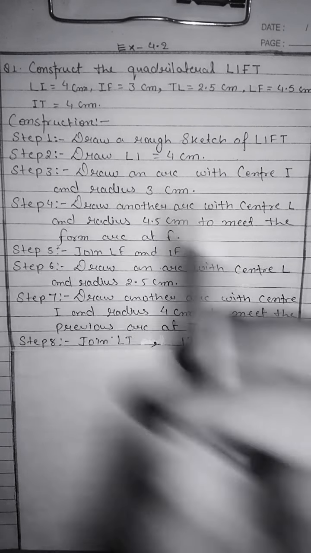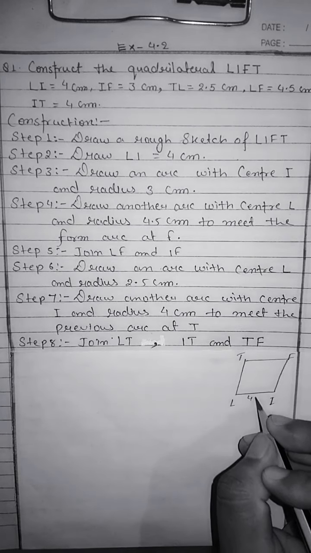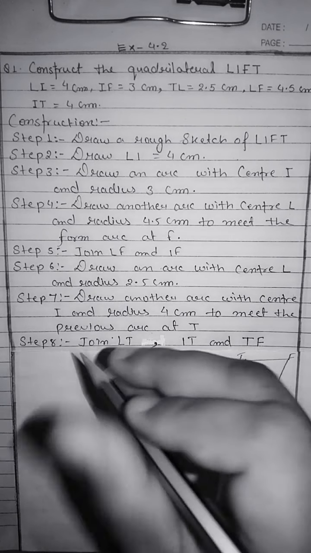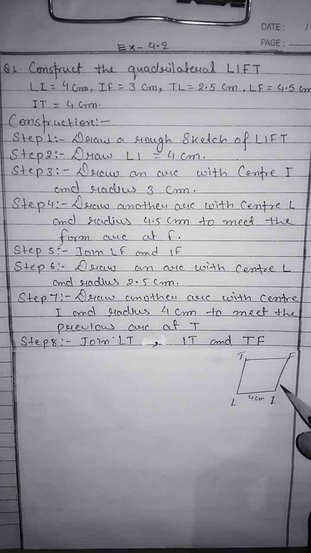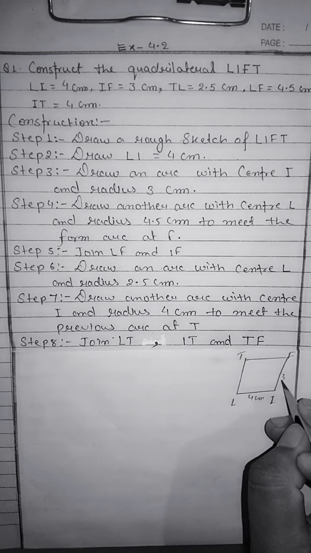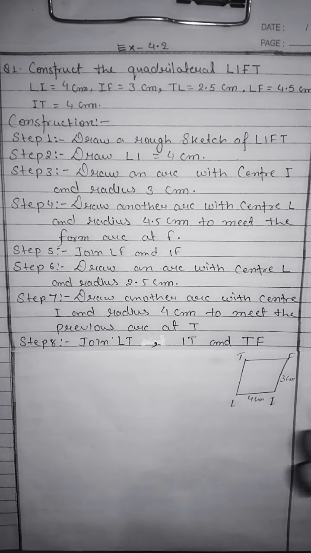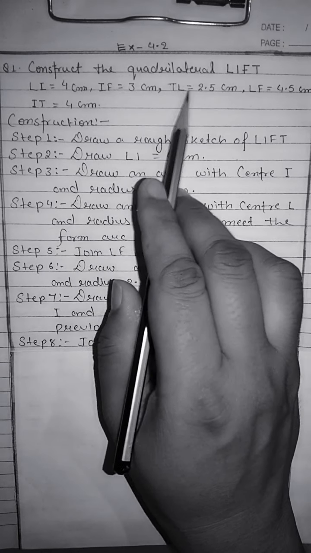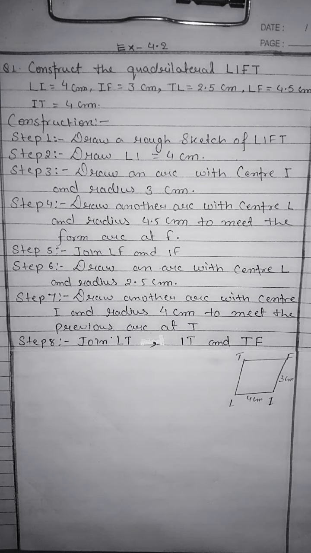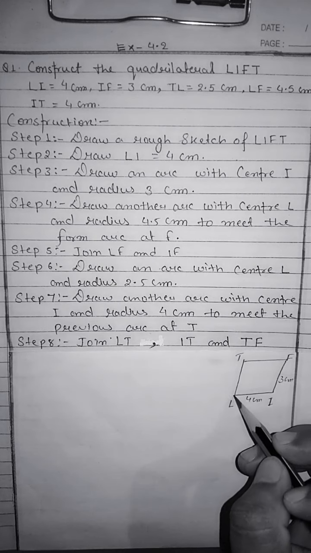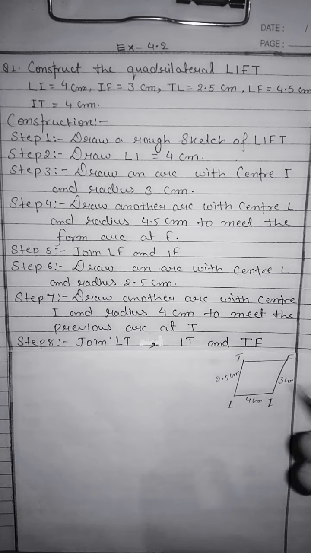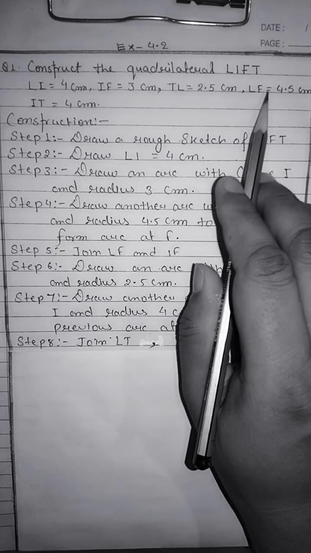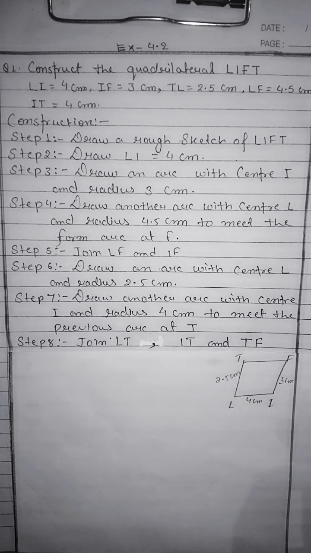LI is equal to what? 4 centimeter. So write here 4 centimeter. IF is equal to 3 centimeter. This one is IF. It is 3 centimeter. TL equal to 2.5 centimeter. TL is here. It is 2.5 centimeter. LF is equal to 4.5 centimeter.